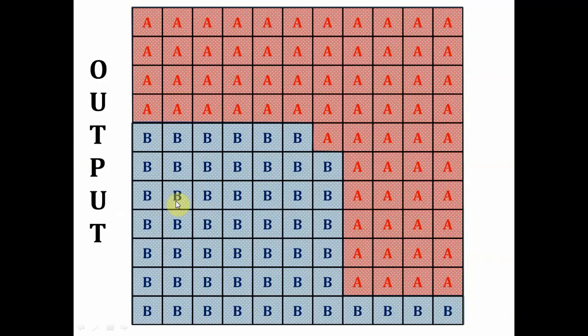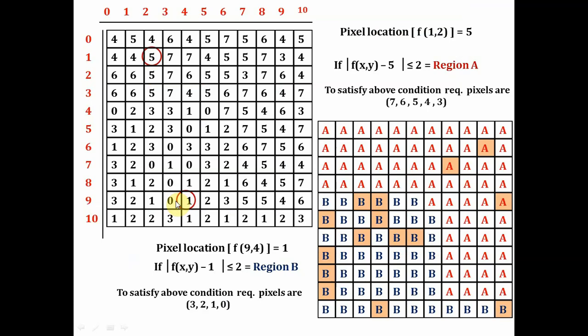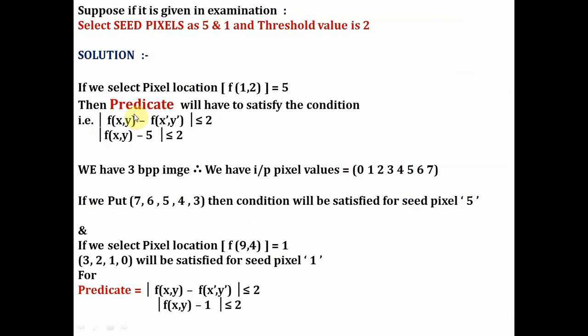Now I need to specify the seed pixel coordinates. I need to calculate the predicate. The predicate will be the modulus of f of x,y minus f of x',y'. f of x',y' will be the seed pixel, or the coordinates of your seed pixel, and f of x,y is your input intensity value.